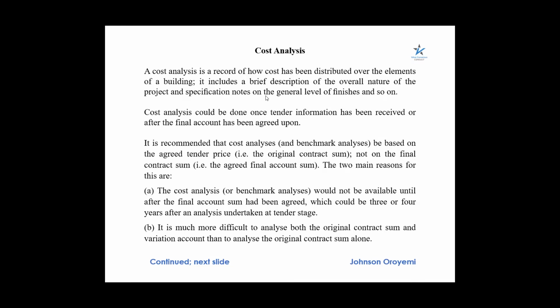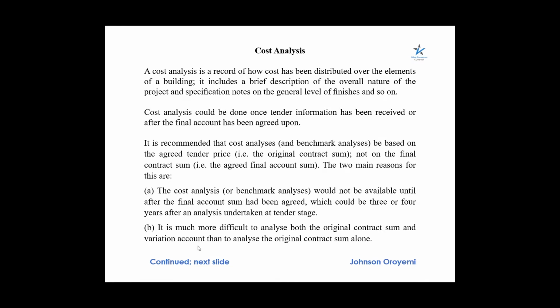The second reason why we should use the cost analysis from our tender analysis and reporting is, according to RICS, that it is much more difficult to analyze both the original contract sum and variation accounts than to analyze the original contract sum alone.